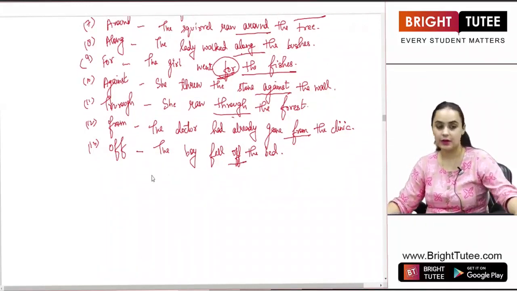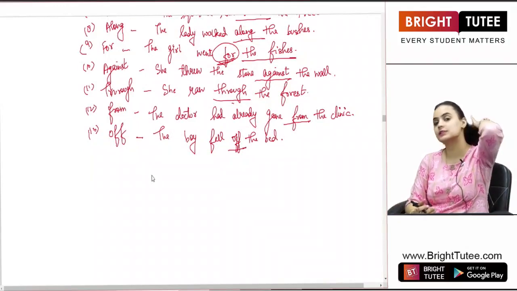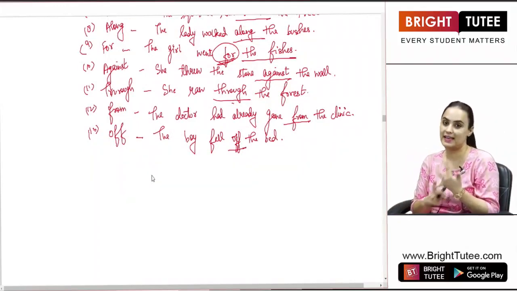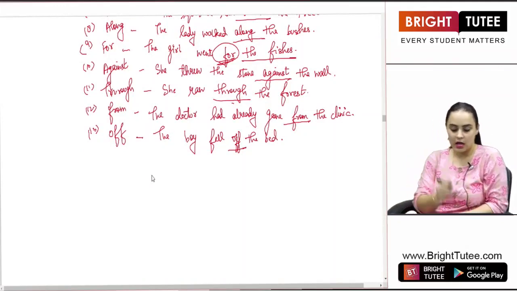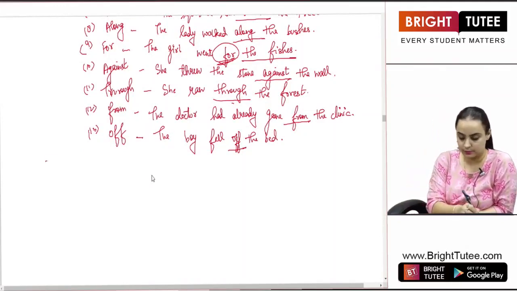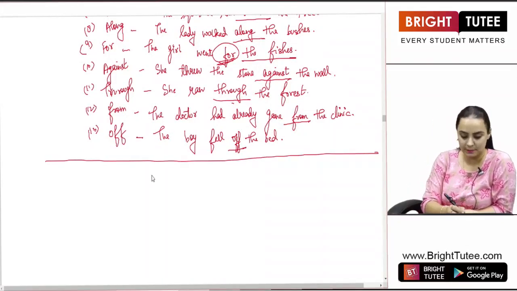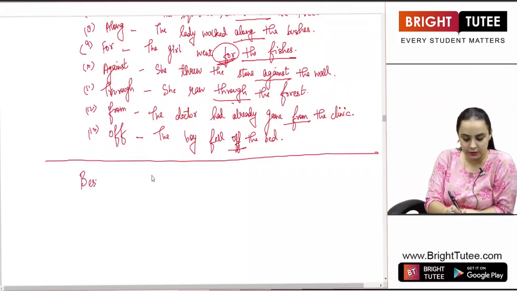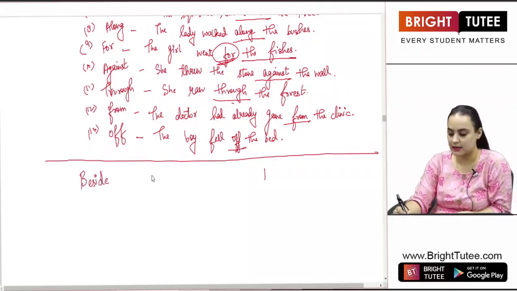Now these were our three types of prepositions that I discussed with you: preposition of place, preposition of time, and preposition of direction. A few important points that need to be kept in mind: the difference between beside and besides.